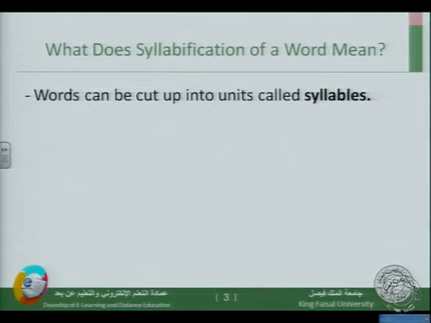Some of the words are really long, so you sometimes ask yourself, how can I pronounce this word correctly? So you need to divide the word into syllables. Today we're going to talk in depth about syllables: how can we syllabify words and pronounce them correctly?